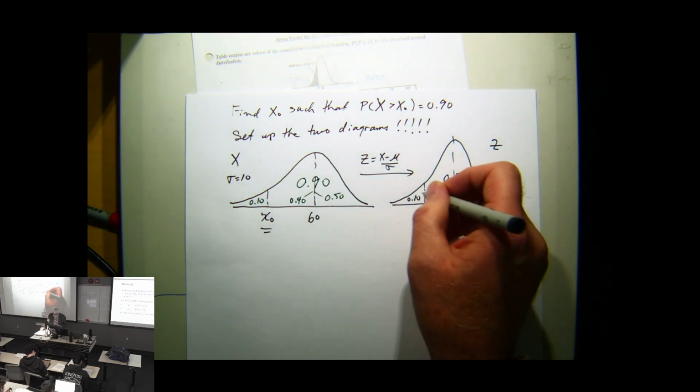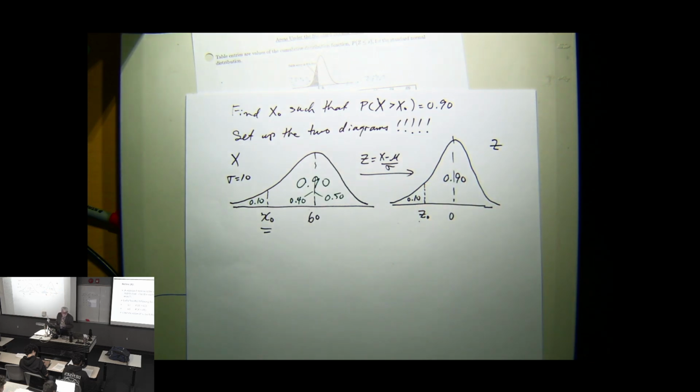But the critical thing is that there's 10% in the lower tail, and what we recognize is because the Z naught is to the left of 0, it must be negative. And so we go and look for what is the Z naught that gives us 10% in the lower tail.